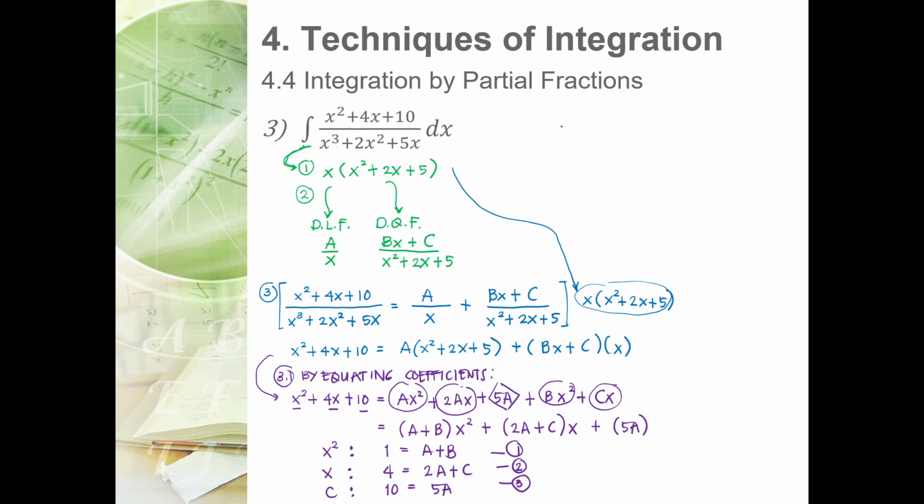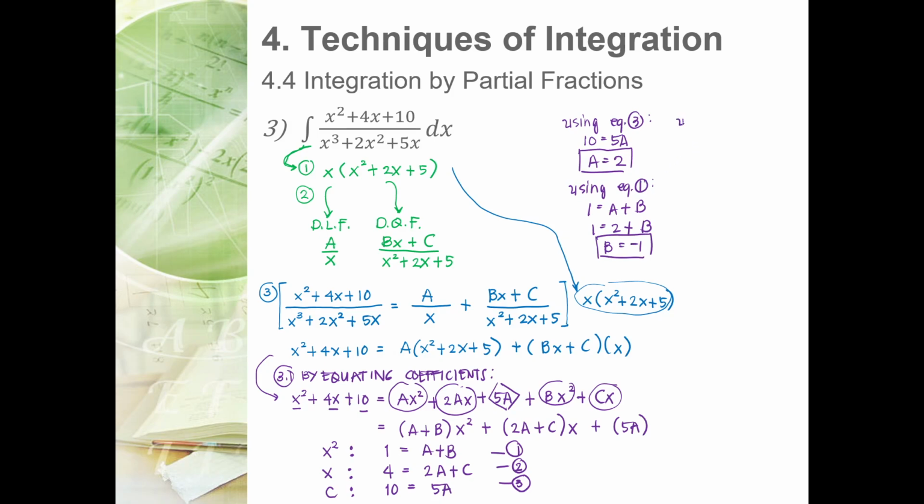Upon observation, we can solve a using equation 3. So 10 is equal to 5a, so a is equal to 2. And then you can use equation 1 to solve for b, and equation 2 to solve for c. So 1 is equal to a plus b, so 1 equals 2 plus b, so b is equal to negative 1.